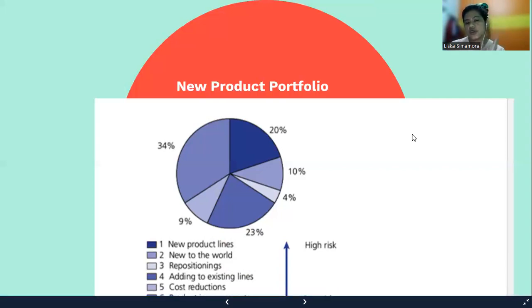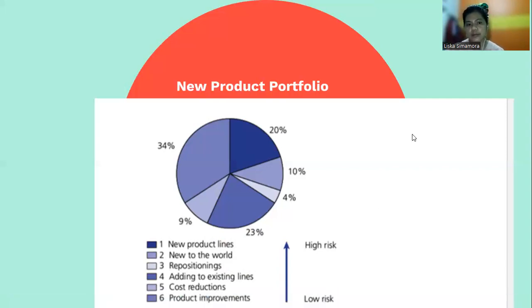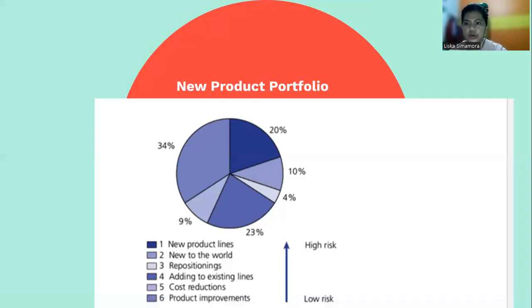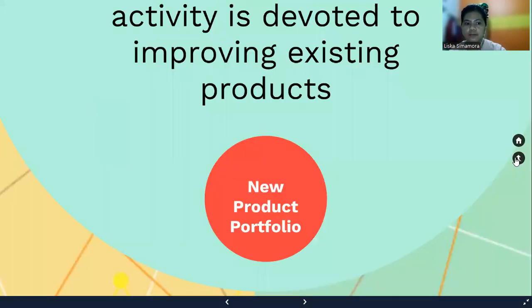So if you do the number 6, the product improvements, the risk is low. Compared with if you add the new product line, you have the highest risk. So that is why most companies will choose the product improvement decision in order to help them create a new product.